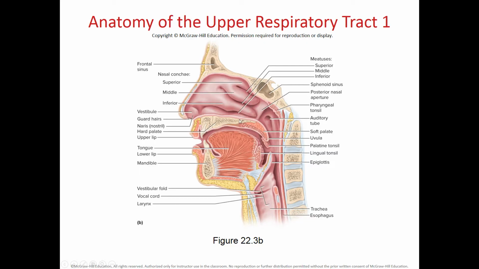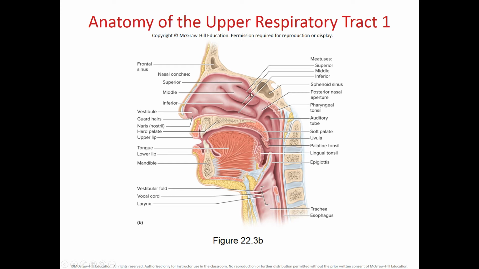So this is a better magnification of the nasal area, so you can see the internal structures of the nasal fossa. So here we have the roof of the nose where we have this olfactory epithelium, and then we have the superior, middle, and inferior nasal conchae with the corresponding meatuses.